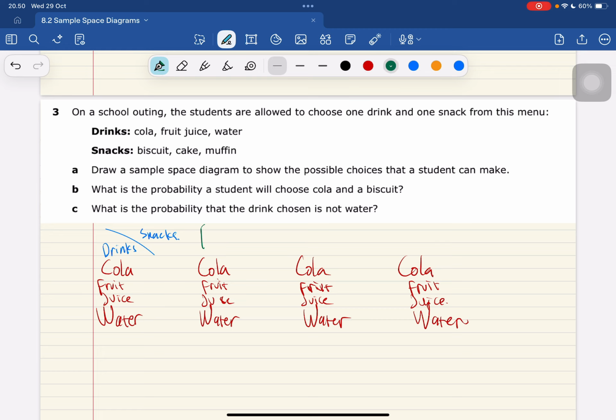So first we got biscuit. Write it here: biscuit. Here also biscuit, here also biscuit. Next, after the biscuit is cake. So here we have cake, cake, cake. Last is muffin.